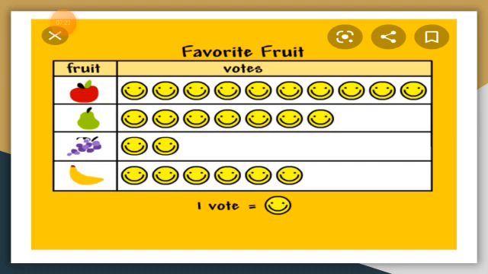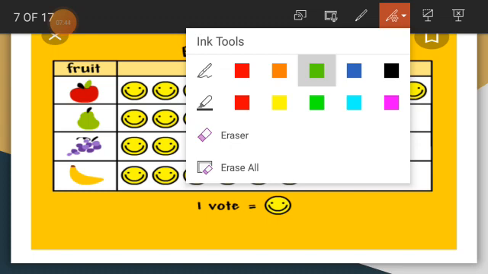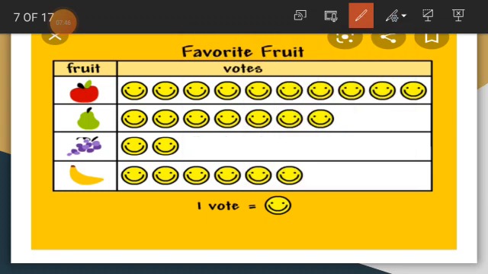Yes, favorite fruits. Here are the votes for the favorite fruits. What are the fruits? Apple, pear, grapes and bananas. Now here is the key. One smiley is equal to one vote. Now see which fruit is the winner. Count with me now. I have taken the blue pen.